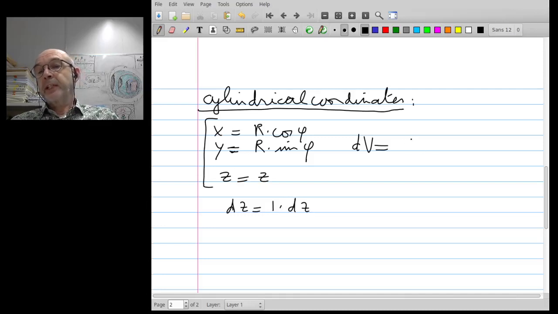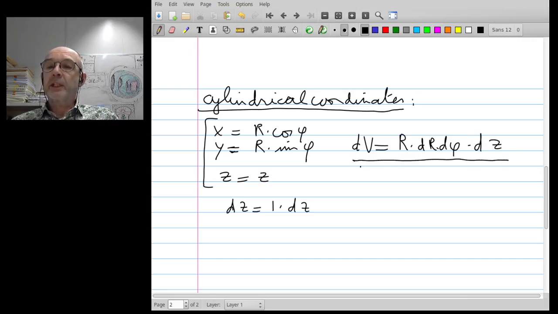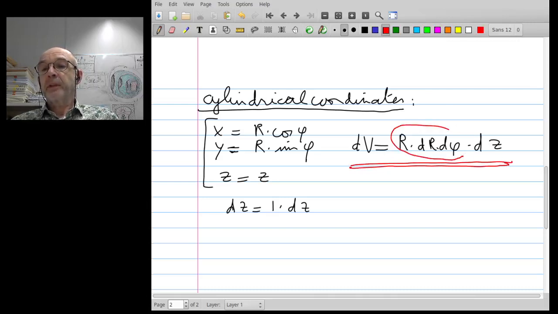So your correction term here becomes r dr d phi, and then dz. So that doesn't change much. The only thing is that you have some extra dz term. So these come from the xy plane.